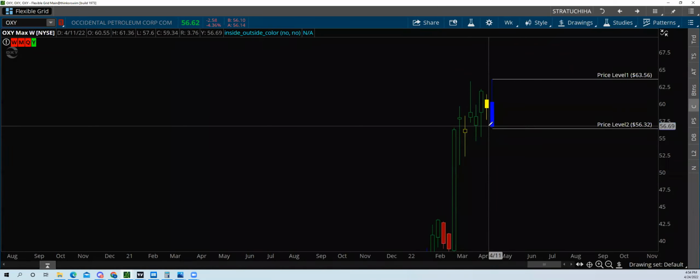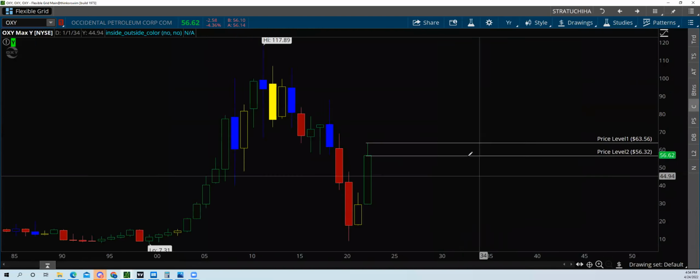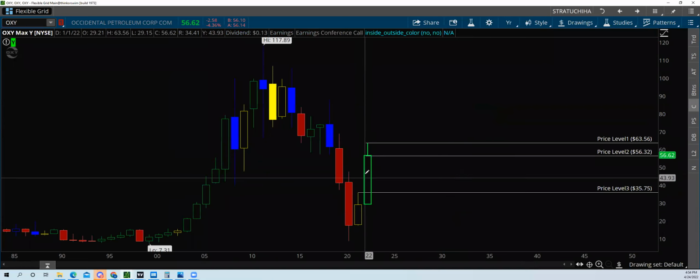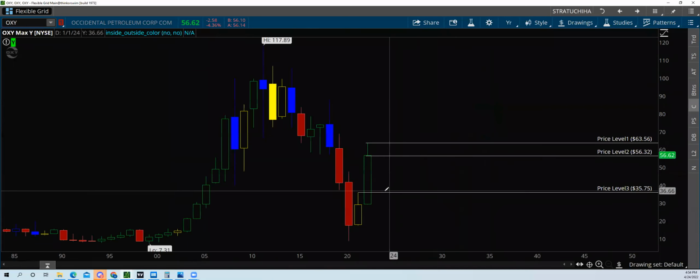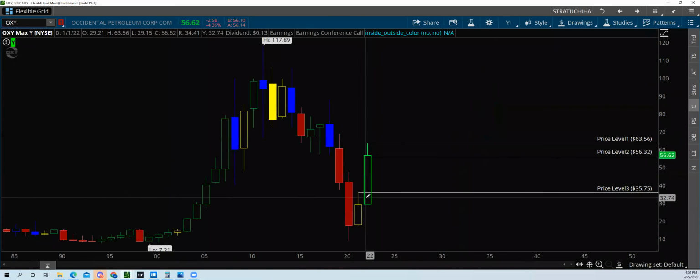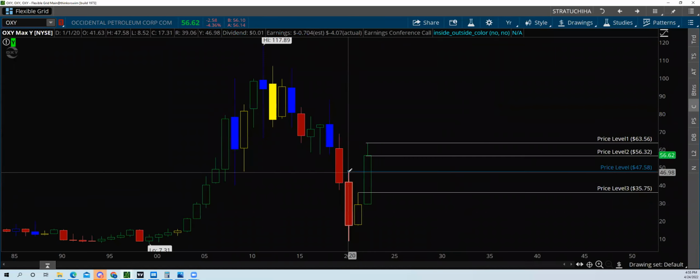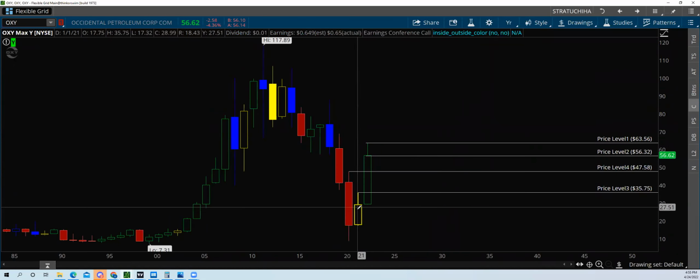All right, so Oxy, right now, if we start on the year, Oxy is a 2 up in force on the year. Why? Because the current price, 56.62, is higher than last year's high. We're actually higher this year than we have been the last 2 years on Oxy. How do I know that? Because one, we're higher than last year, which is this candle.